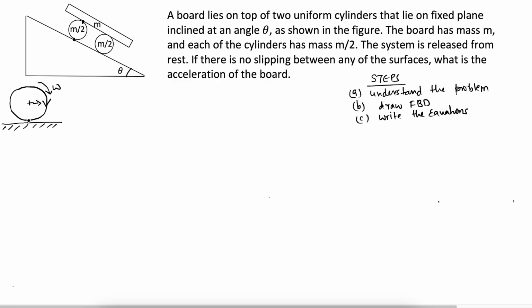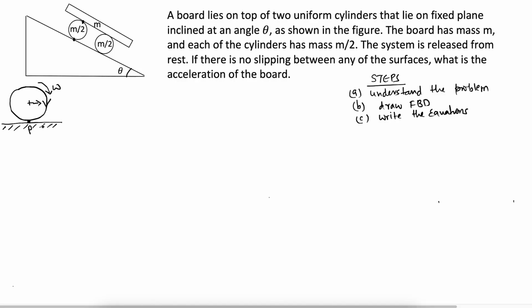The meaning of pure rolling is that there is no slipping happening at this point of contact. Hence, we can assume that the velocity of the point of contact is zero. Because if there is any velocity of the point of contact, then this cylinder will slip over this surface. But since it is pure rolling, it's not slipping.